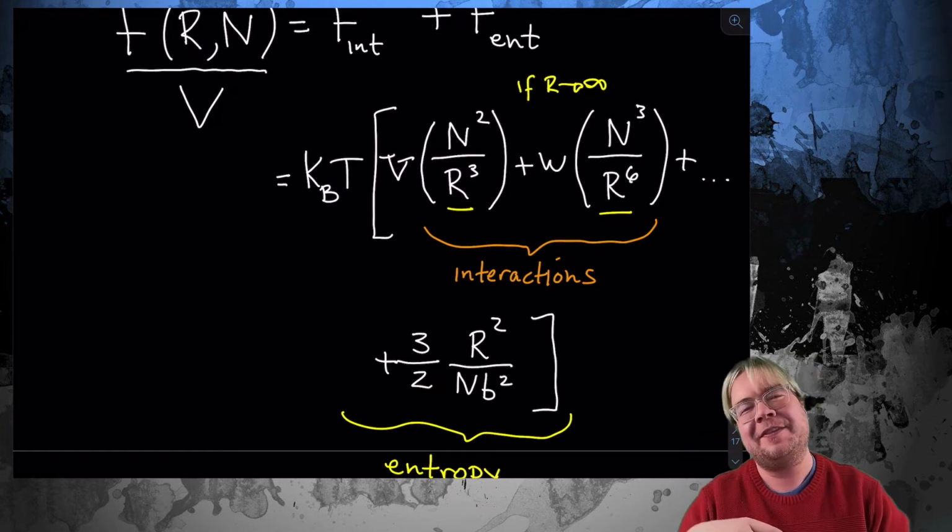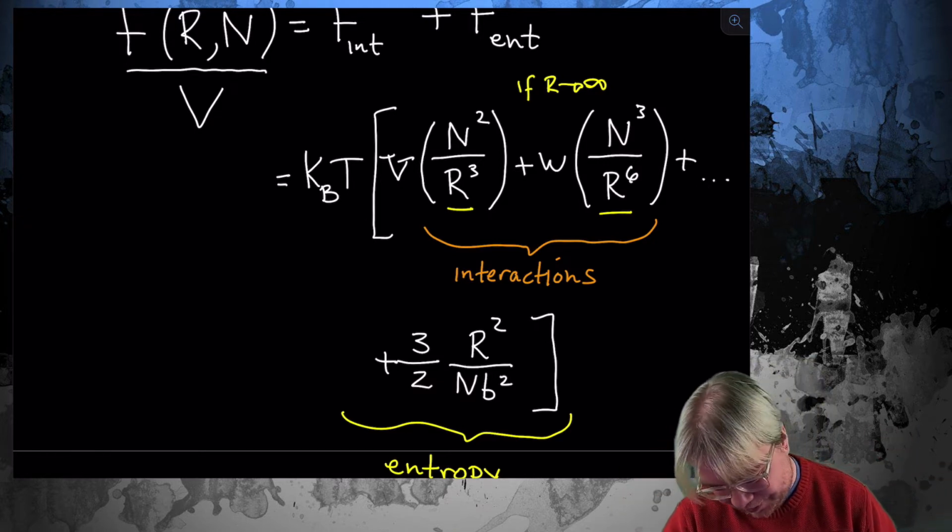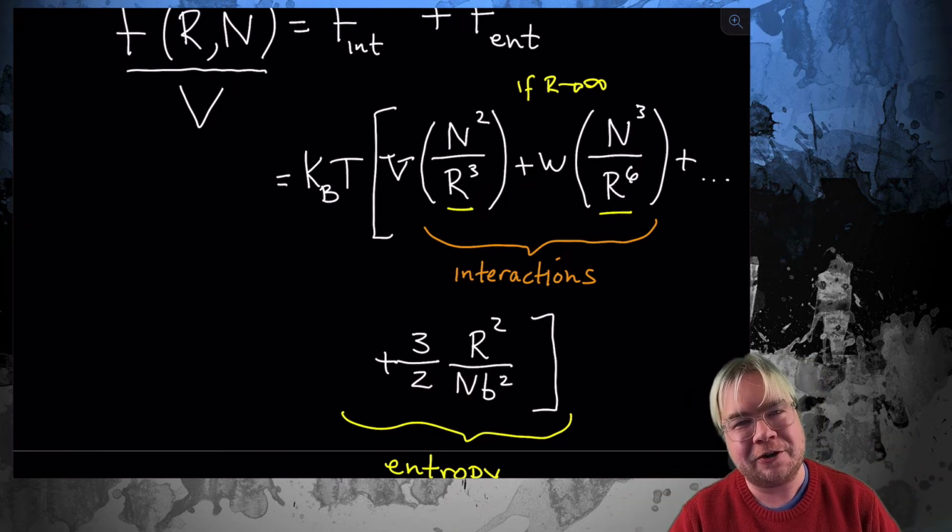Those terms are minimized if the polymer gets big. As R goes to infinity, those interaction terms contribute less and less to the free energy. So if the polymer is big, those interaction terms go away.